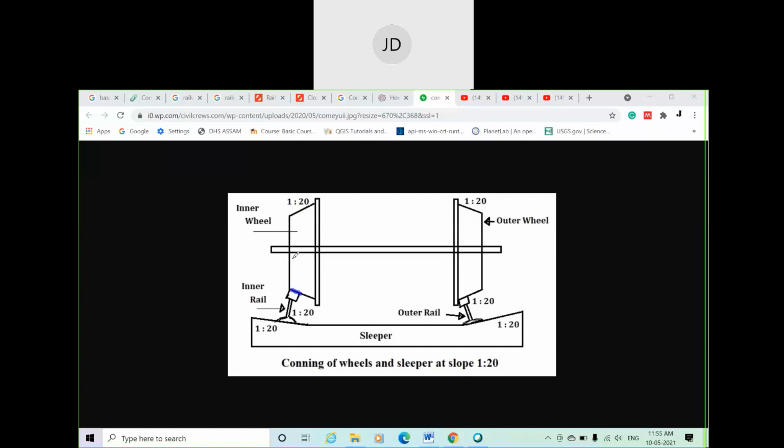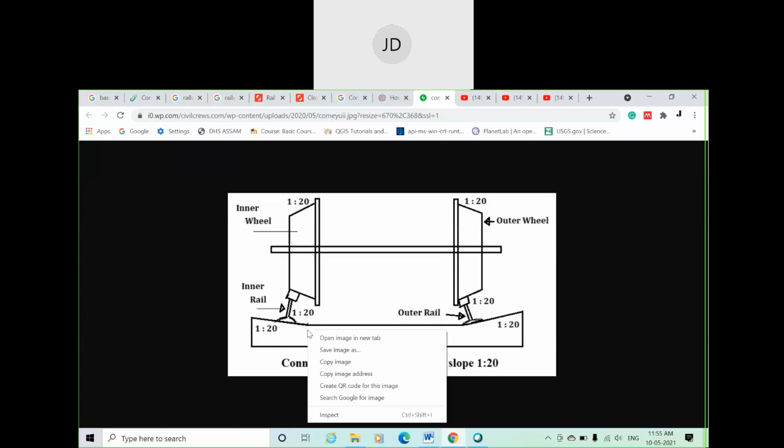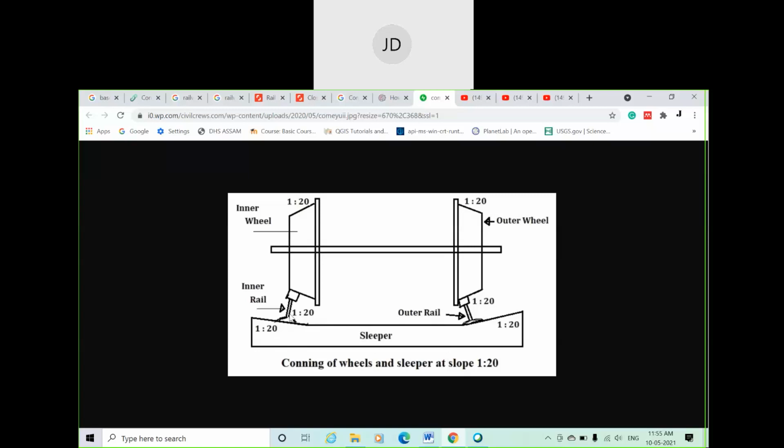Now, the stress is not taken by one single point or some small area of the rail, but by the whole rail surface. So the stress is distributed through the rail uniformly, not at one point. This is the main advantage of tilting of rail. Got it? Is it clear? Yes, sir.